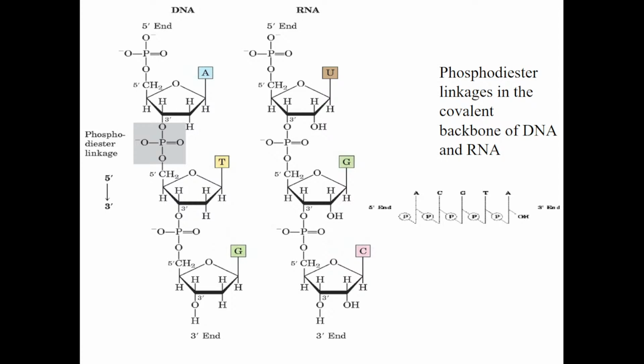But in DNA and RNA, the phosphate group interacts with two riboses or deoxyriboses. In DNA there are deoxyriboses, in RNA riboses, and the phosphate group is associated with the third carbon of one ribose or deoxyribose and the fifth carbon of the other.